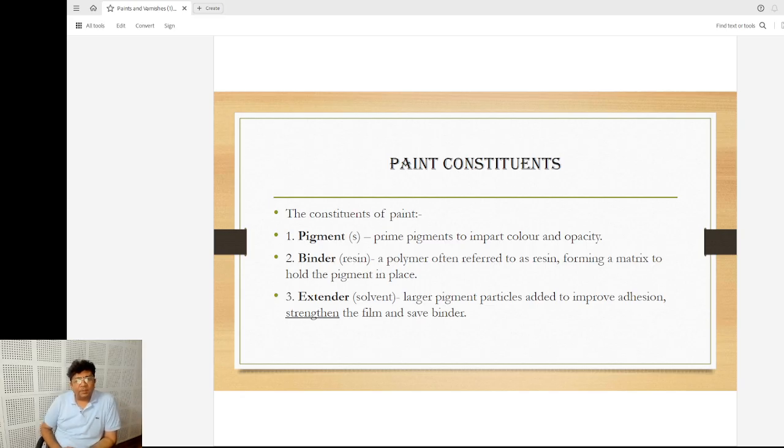Binder is a polymer often referred to as a resin, forming a matrix to hold the pigment in place. Then there is an extender: larger pigment particles added to improve adhesion. The solvent keeps the paint fluid till it dries up; its main purpose is to cover the surface evenly and smoothly.